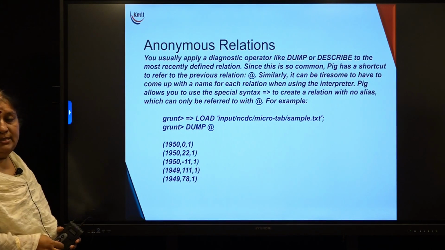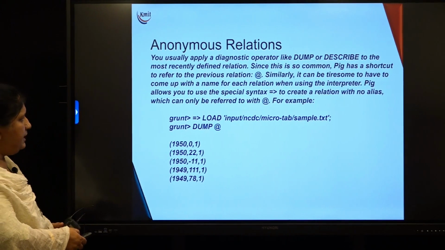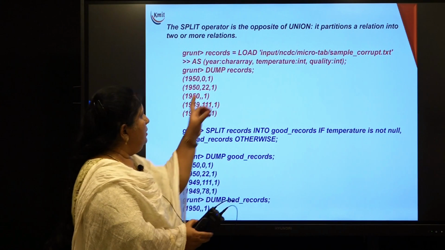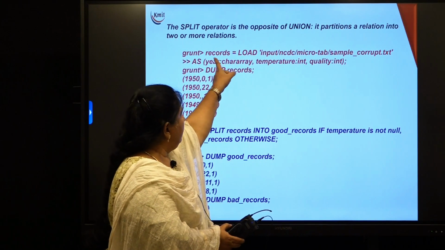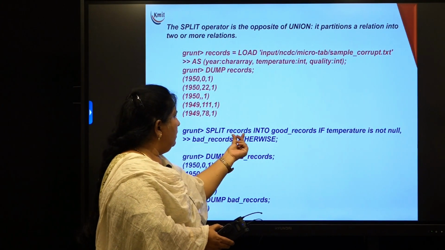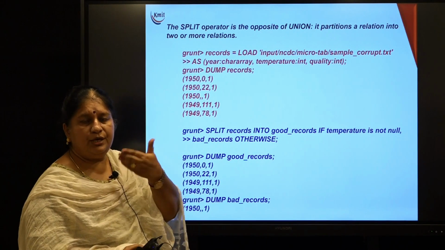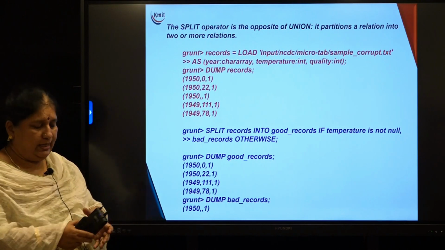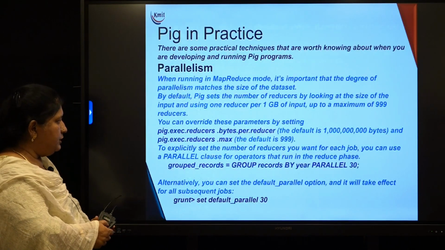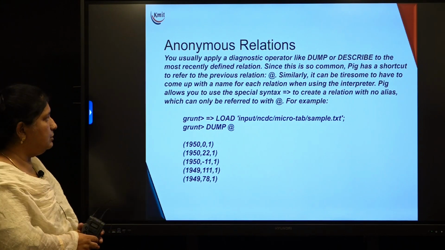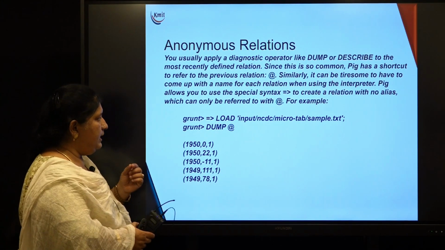Then anonymous relations. All the time, if you see, we are trying to give a name to the relation. Did I give one here? Load this data into records. Split the records relation into good records and bad records. I am giving names to the output relations. There are possibilities wherein you can work with anonymous relations also, where you do not want to give any name.